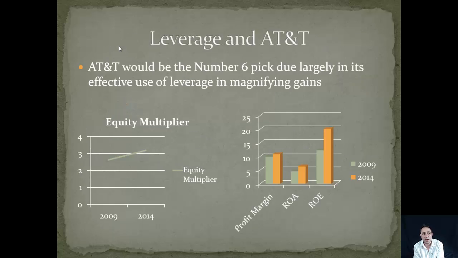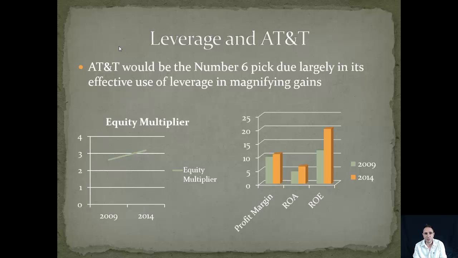But there is something that I would like to focus on with AT&T. Even though AT&T is not in my top 5, I would definitely make it my number 6 pick. And that is mainly due to the fact that it utilizes leverage in magnifying the gains that they have. If you look at the equity multiplier from 2009 to 2014 has increased for AT&T.